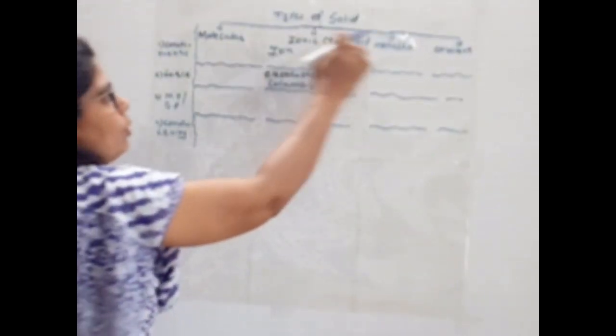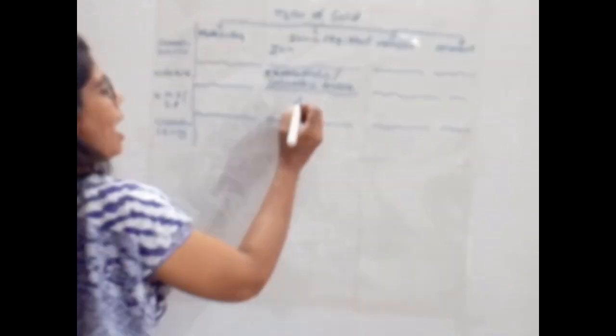It may be electrostatic, or we can say it is also a Coulombic force. Afterwards I'll explain how we can say it is a Coulombic force or an electrostatic force. First of all, we are writing all four properties for the four different types of solid, and then we'll try to understand each property with some examples and some questions that can be asked from that.